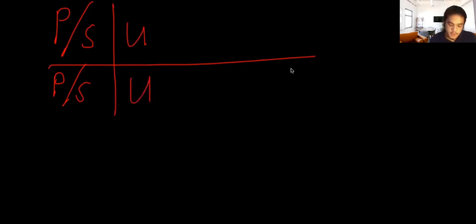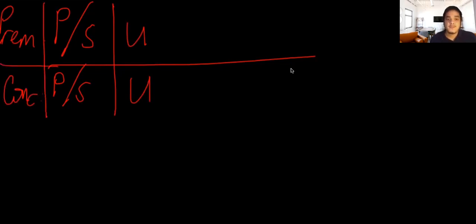So we have the premises and the conclusion. So in the premises, if your major and the minor term is both universal and it remains universal in the conclusion, that is valid.